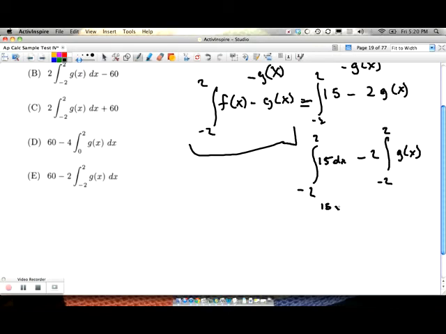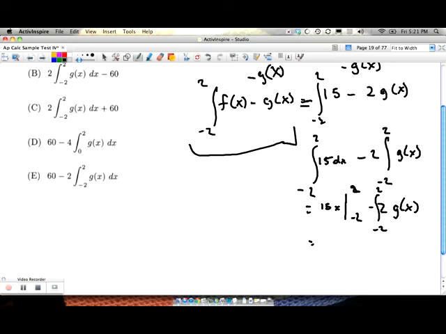And this right here, this is really going to be 15x from negative 2 to 2 minus 2 times g of x, negative 2 to 2. And we didn't actually take the antiderivative of that one.